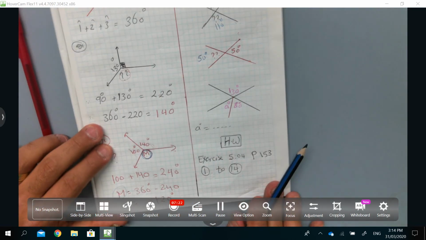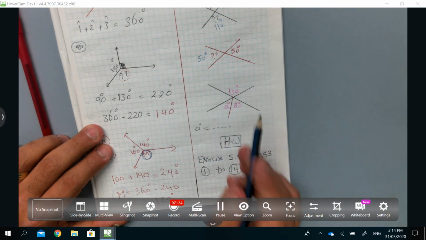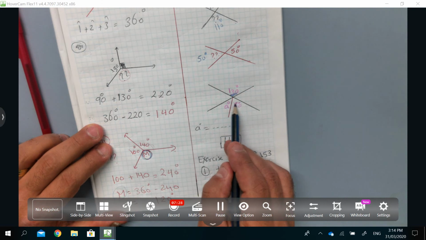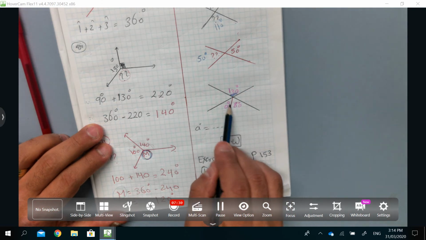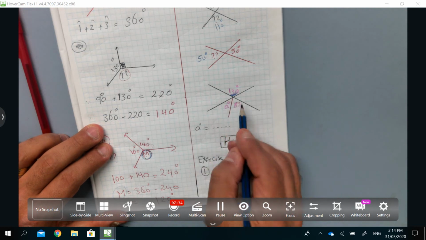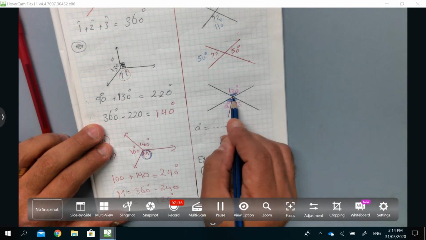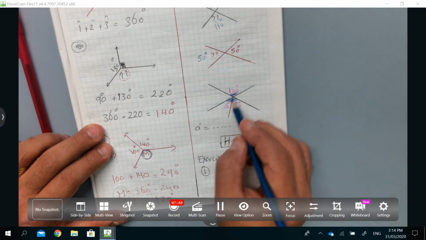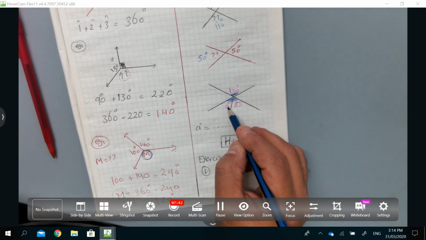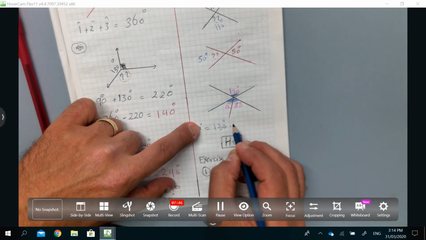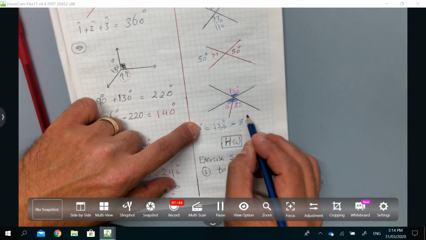We move on. In this example, you are given this angle is 130, and you need to find this angle A. We know, guys, that this angle 130 equals this one. Why? Because they are vertically opposite. So to find the missing angle A, A equals 130 minus 80, which equals 50.